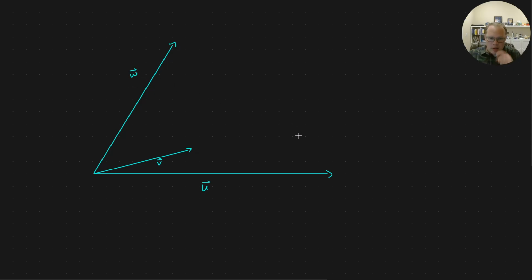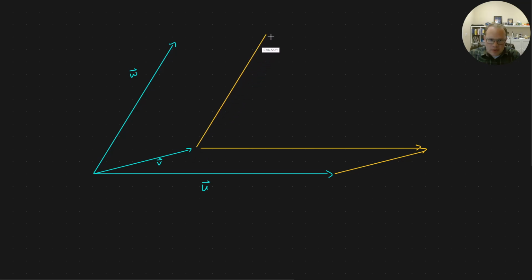Okay? Now, let's put all these together to get like a three-dimensional parallelogram shape. So we get something like this.